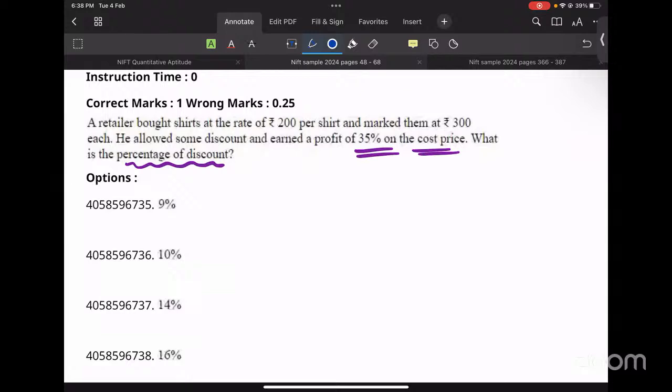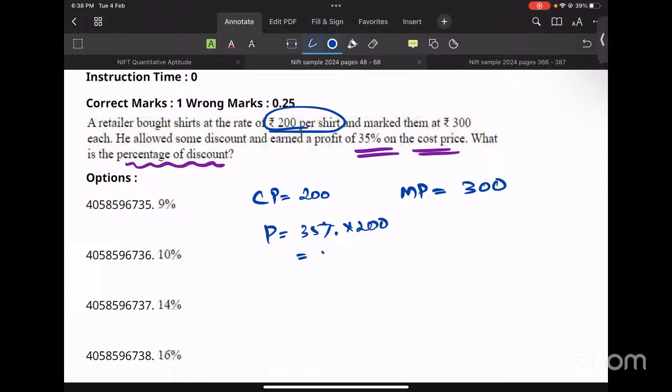See, you do it along with me. Cost price equal to 200 and marked price equal to 300 and profit equal to 35% of 200. That is 70 rupees. Okay, so selling price equal to cost price plus 70, that is 270.